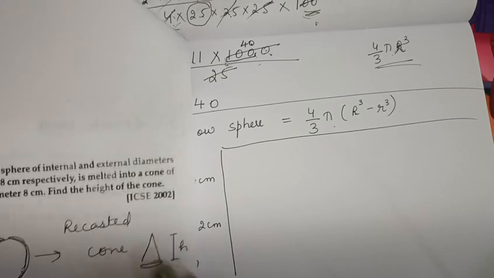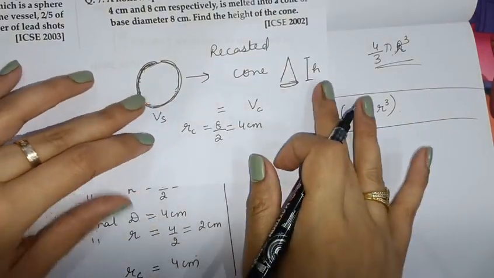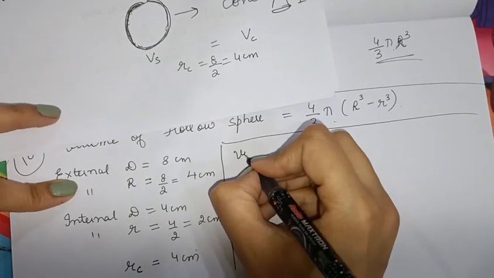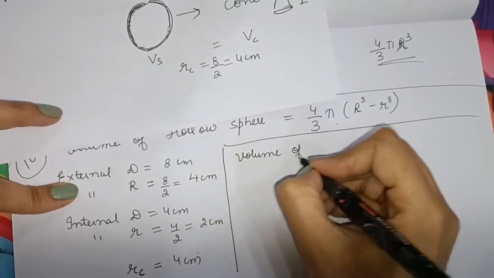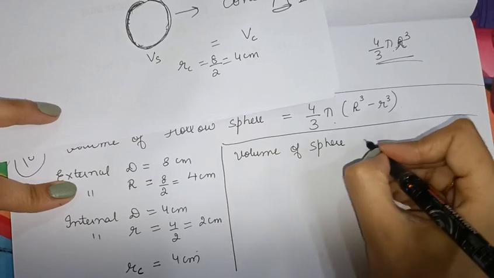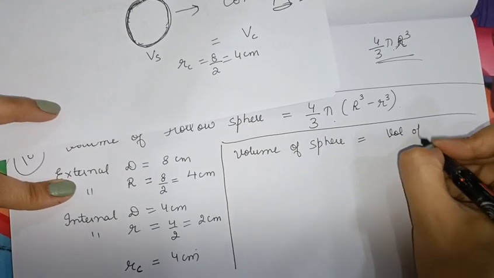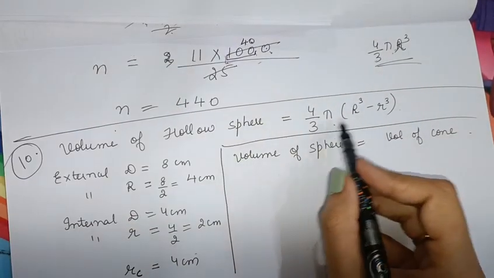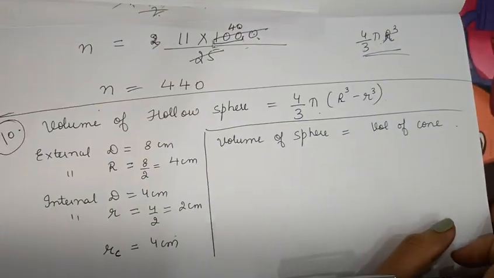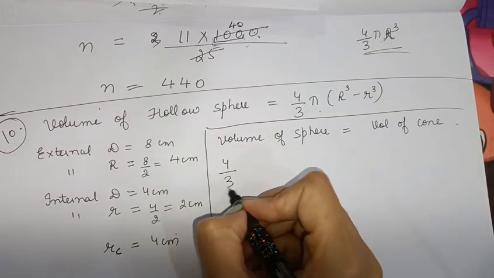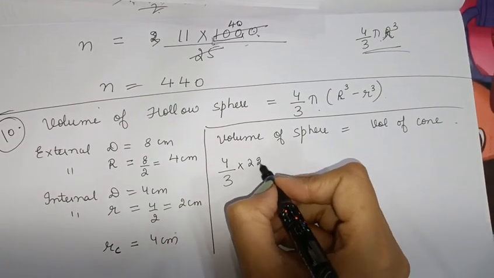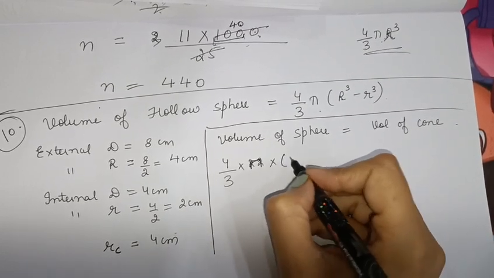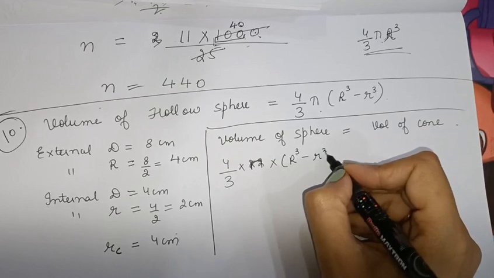So volume of hollow sphere is equals to volume of cone, because according to the question recasting is there. The formula I have mentioned here, volume of hollow sphere is 4 by 3 pi, value 22 by 7, 4 by 3 pi into R cube minus r cube.